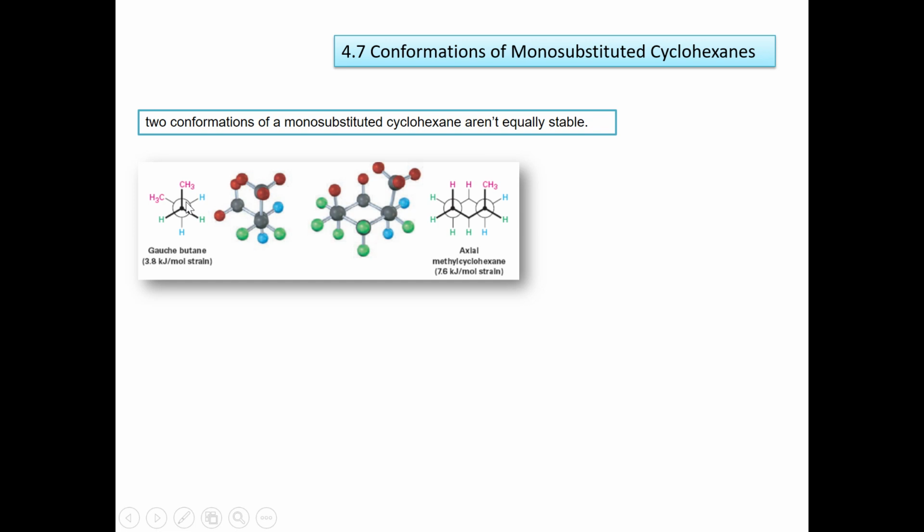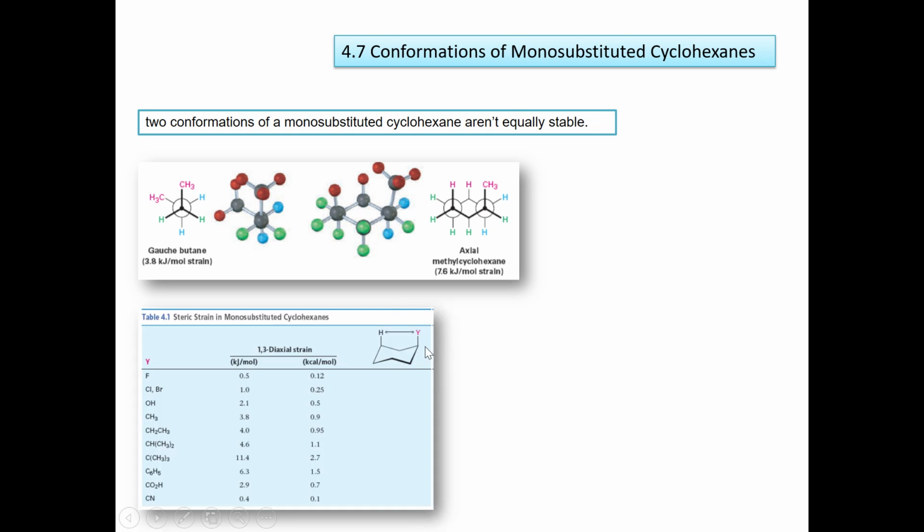What happens if we have different monosubstituted cyclohexanes? Well, this is the 1,3-diaxial strain with the energy. You know, it's mathematics. If we have a substituent here, you check the substituent that is here.